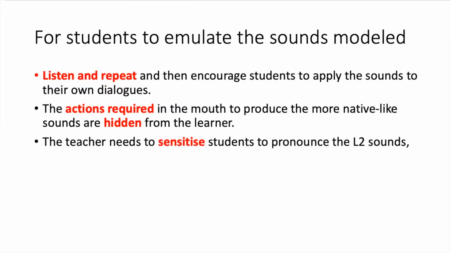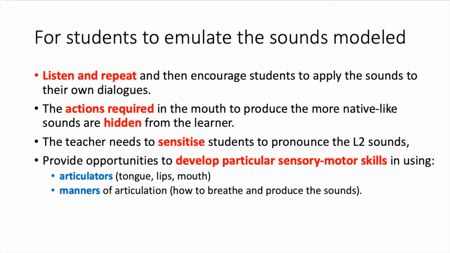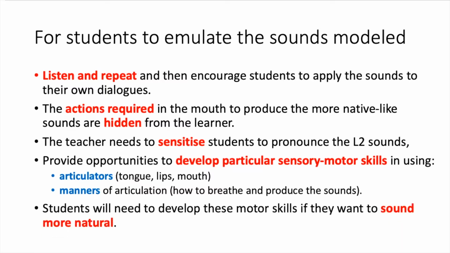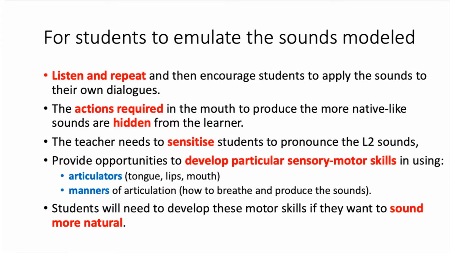The way to do this is that the teacher needs to sensitize students to these particular aspects of pronunciation, and to do so, it's important to develop particular sensory motor skills, i.e. the articulators, in which the tongue, lips, and mouth move, because it is a bit different for Japanese, and the manner of articulation, in how you actually breathe, is a bit different. Okay, student skills as well if they want to sound more natural.